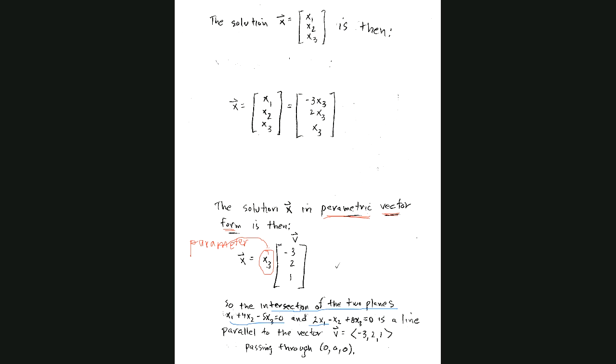Well, the two planes intersect, right? If they're the same plane, they intersect everywhere. But if the two planes are not the same, yet they intersect, then the two planes have to intersect in a line.